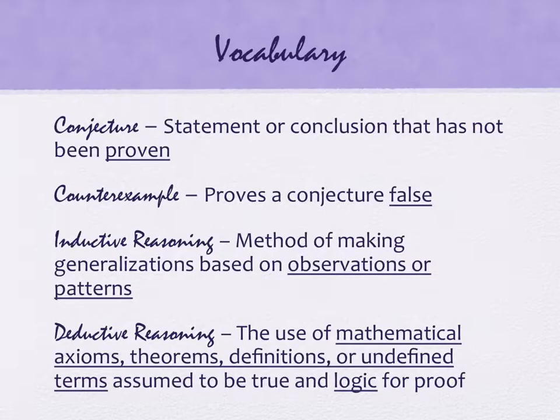So to start with, we're going to use the word conjecture. Conjecture is a statement or a conclusion that has not been proven. So usually when we say conjecture, it's something that we sort of think is true. Maybe we even have a really strong idea that it's true, but it hasn't been proven. A counterexample is something that proves a conjecture false.